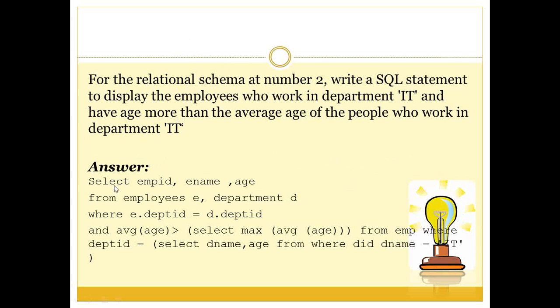So after that we can compare who is greater than or smaller than the average of age, where department ID is from a select subquery like that.